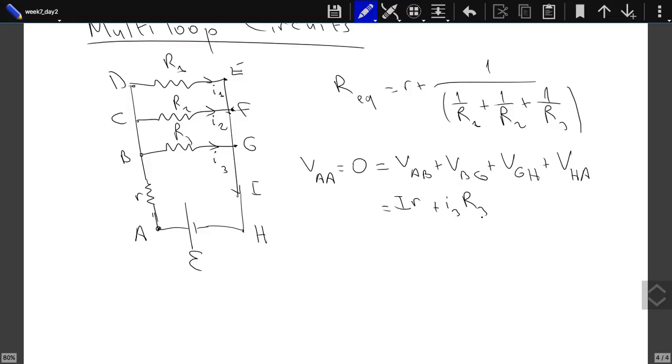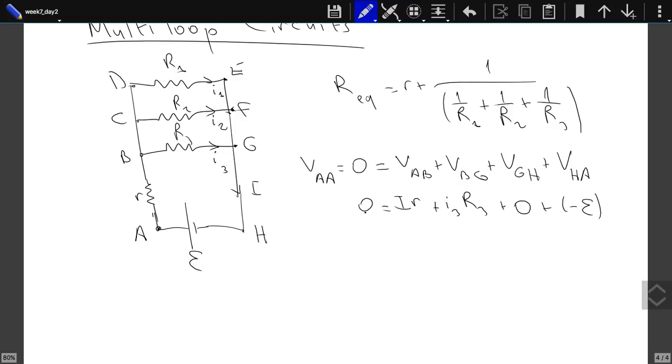From G to H, that is 0. From H to A, the potential drop is minus epsilon, because A is at a larger potential than H due to this battery. A is the positive terminal, H is the negative terminal. So the potential is in fact increasing from H to A by epsilon, but an increase of epsilon is the same thing as a drop of minus epsilon. So the potential drop is minus epsilon. And this should be 0.